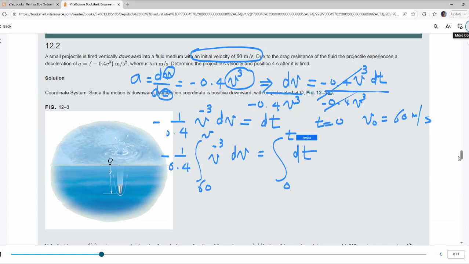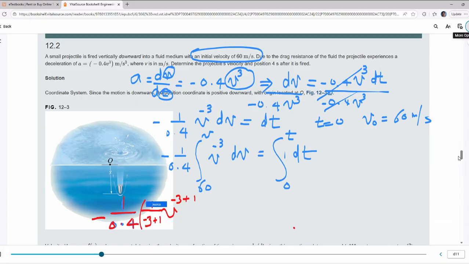All right. The right-hand side is straightforward because the integrand is 1, whereas with the left-hand side we have v to the negative 3 power. So then we apply the power rule for the antiderivative. Raise the power by 1, divide by the raised power, right?